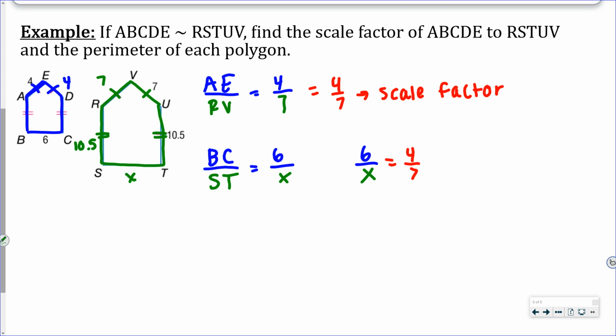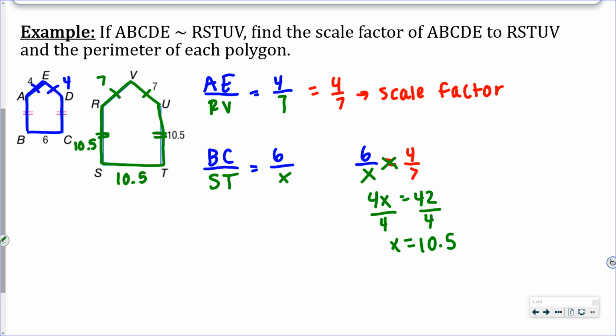Let's solve this. That comes out to a nice clean 10.5. Let's write that as a decimal because we're talking about a side length.